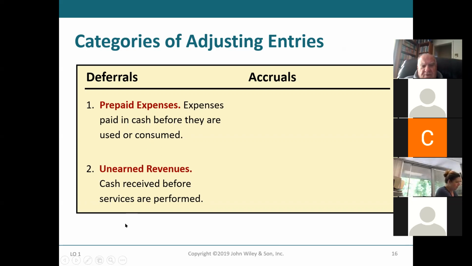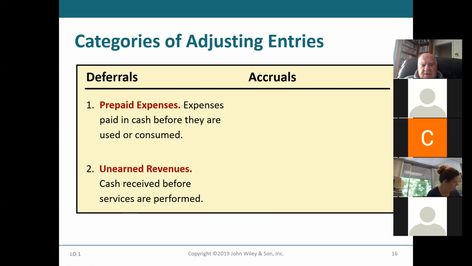Unearned revenues. This is the cash you receive before the services are performed. We are going to have an adjusting journal entry to record the actual revenues. And by the way, prepaid expenses and unearned revenues are the same thing. Let me repeat that.